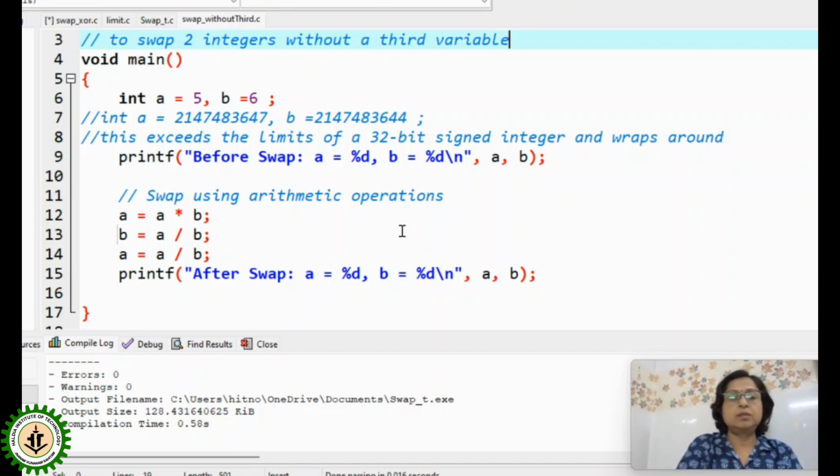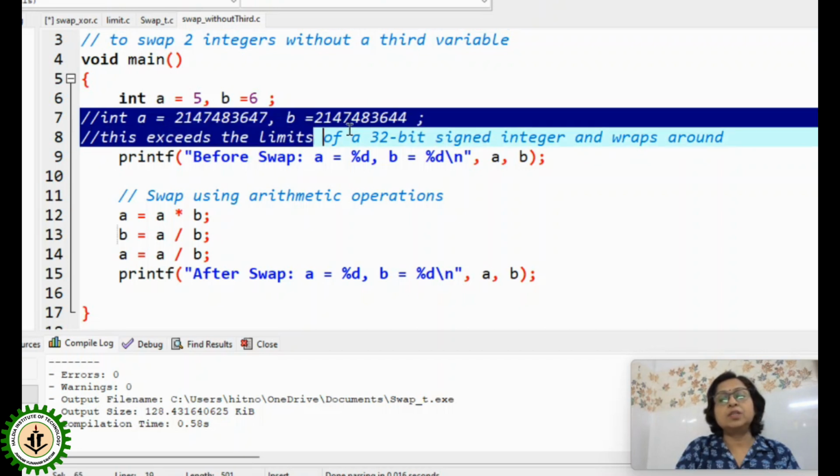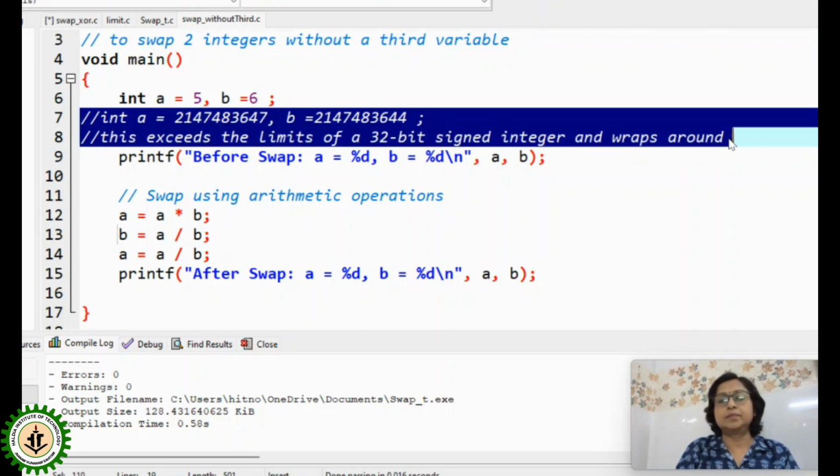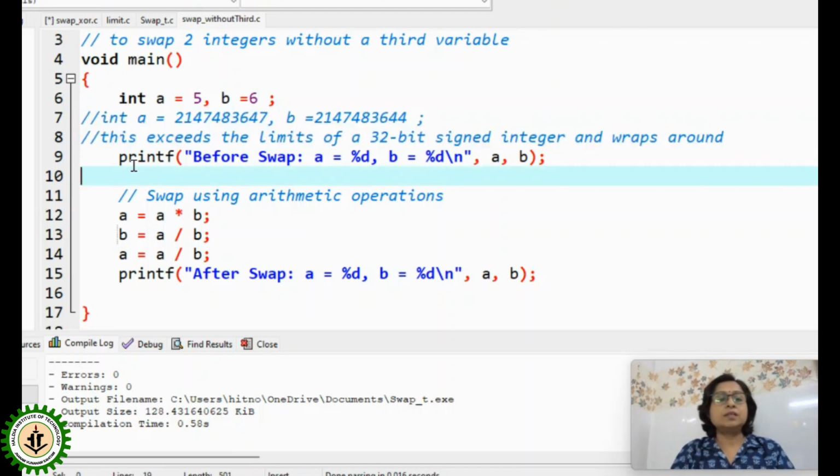So we are not taking any temporary variable here. Again, I'm repeating, please don't give any emphasis on these two lines for now. I'll come back.